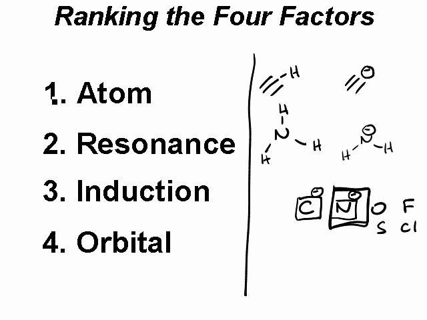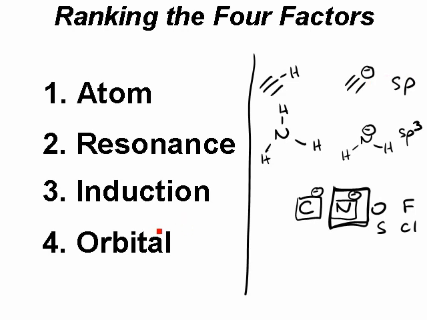However, if we look at the remaining factors, we see factor number four, what orbital is the charge in? Here, the charge is in an sp hybridized orbital. Here, the charge is in an sp3 hybridized orbital. So if we look at what orbital the charge is in, we said that it's better to have a negative charge in an sp hybridized orbital because the negative charge is closer to the nucleus of the carbon atom.